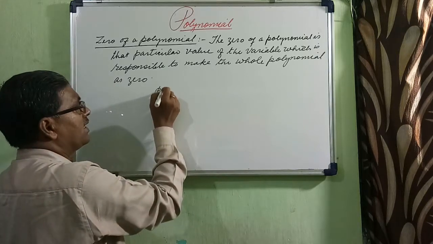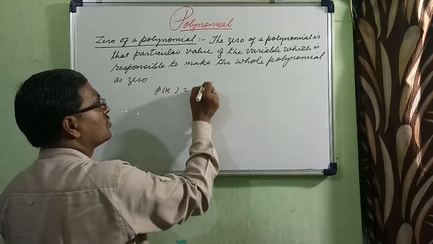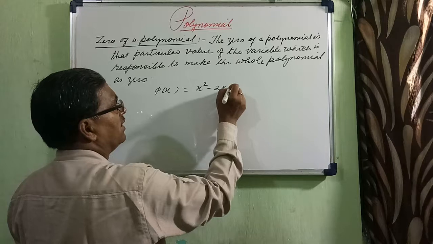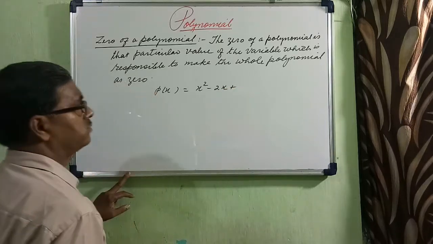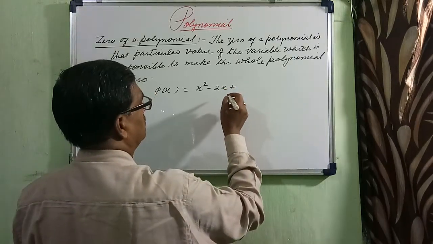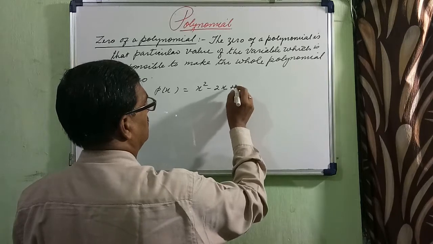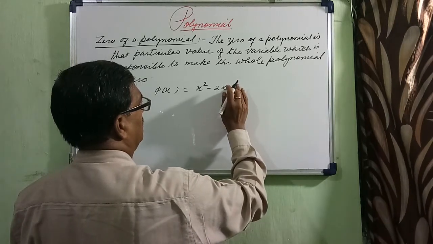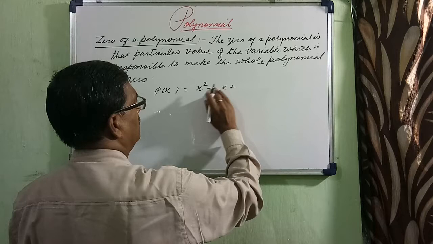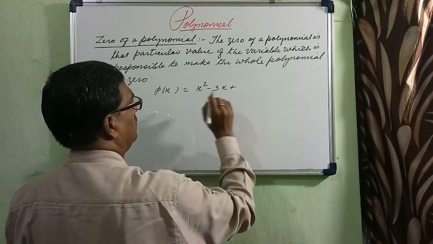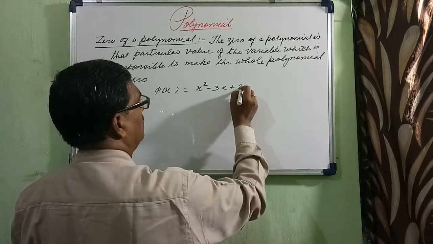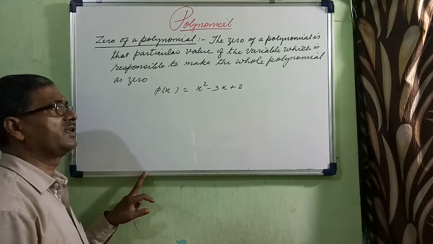Suppose you have p(x) is equal to x square minus 3x plus 2.